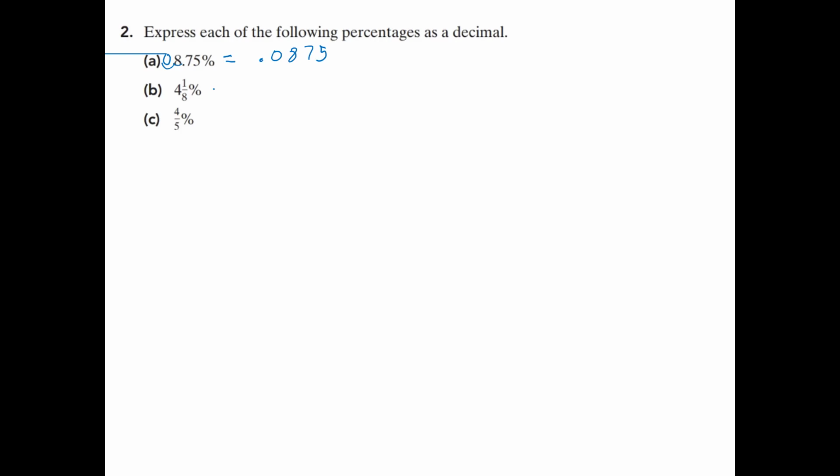Okay. This one, 4 and 1/8, really means 4 plus 1/8. So one way of doing that is to write the decimal representation of 4 plus 1/8. So you can just ask your calculator, what is 4 plus 1/8? And my calculator tells me it's 4.125. That should make sense. I had 4 wholes and then an eighth, so I still have my 4 wholes, and the eighth is written as a decimal, 0.125, 125 thousandths.